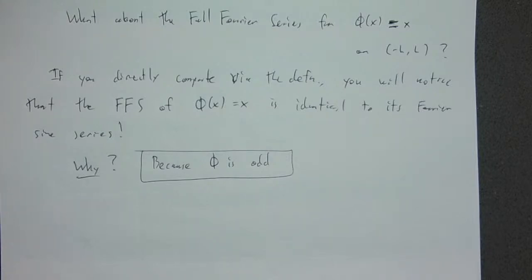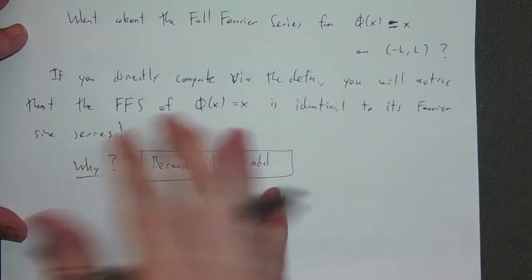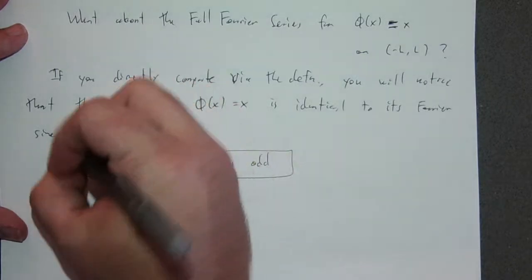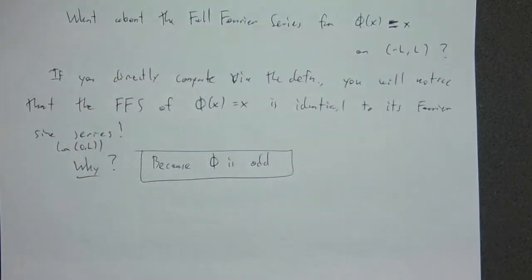So we'll be kind of stressing these things over and over again. Okay. So this is identical to its Fourier sine series, even if we had given phi of x only on 0 to L, right? Both of these things would be the same.